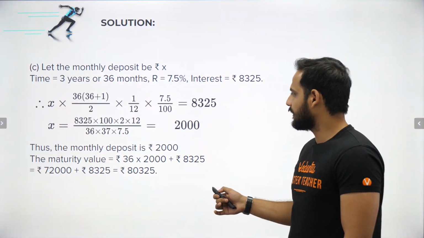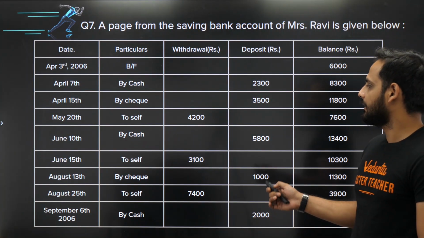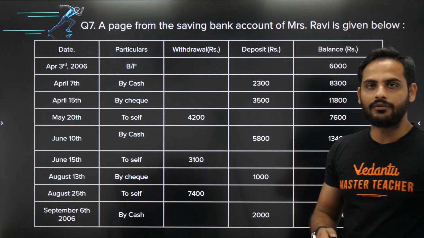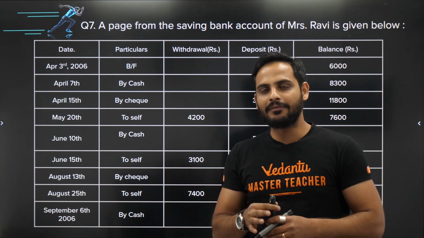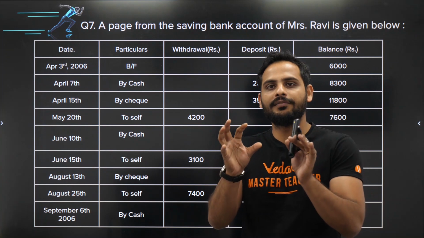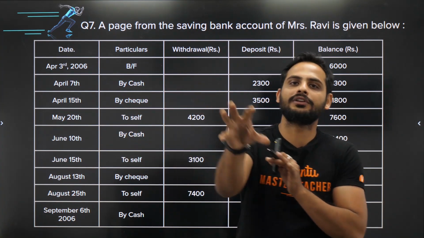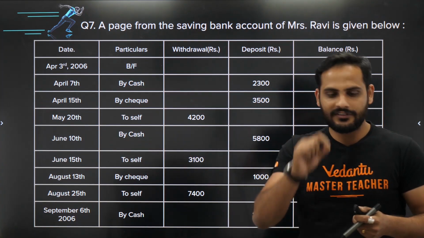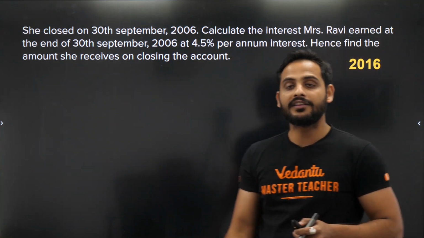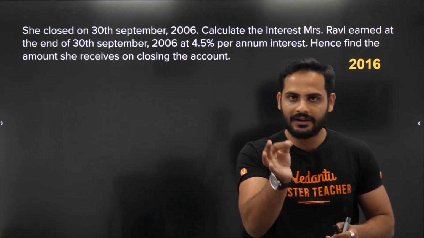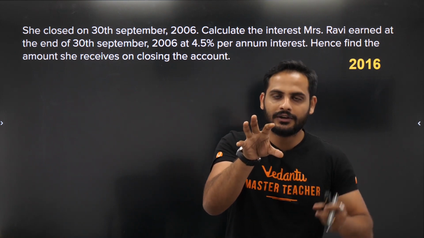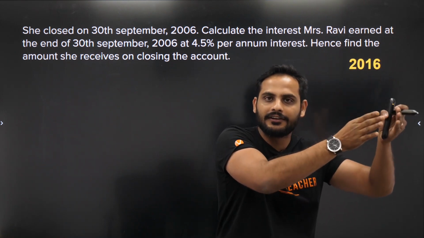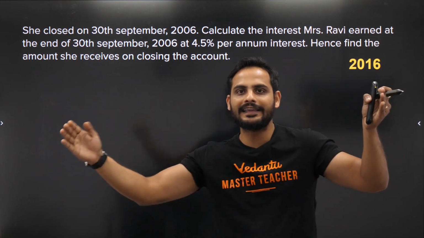So the main thing here is to find out what the qualifying amount is. What is the qualifying amount? The amount on which we will calculate the interest for that month. Qualifying amount is the minimum amount in that particular month from the 10th of that month till the end.